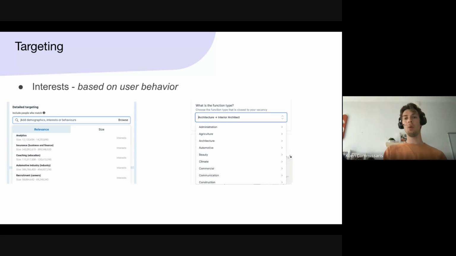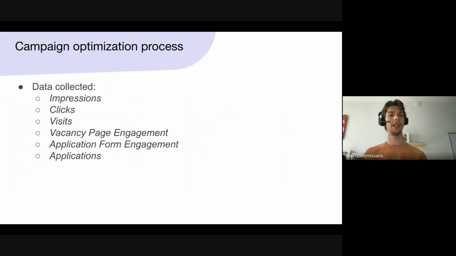Of course, once the ads are generating impressions, clicks, visits, etc., the campaign will also learn from the different data points that are being collected during the campaign, and our software captures all those data points to try and learn which people to target and which people not to target. So that is the second part of the story that we're telling here, the campaign optimization process.